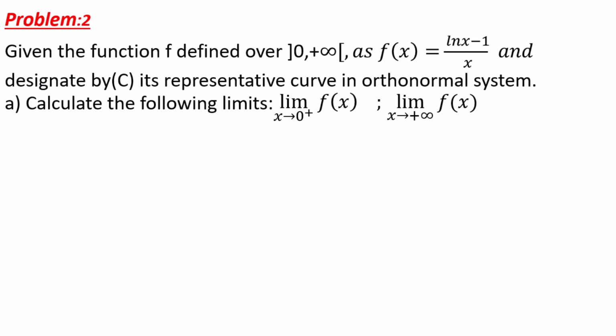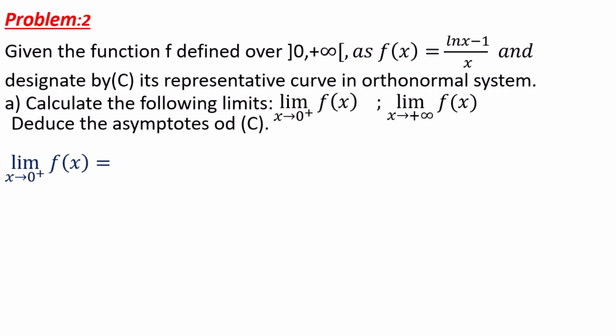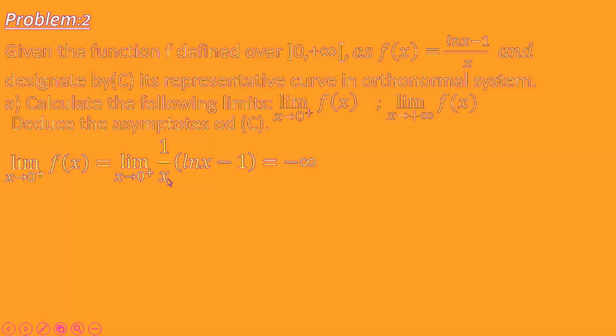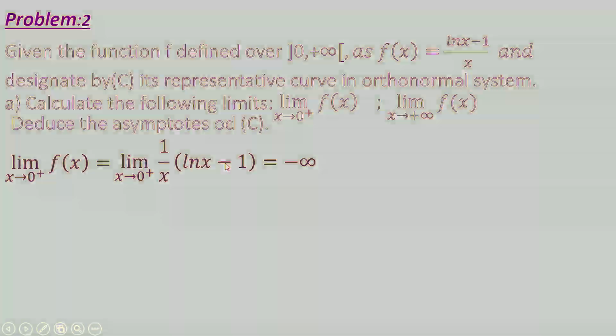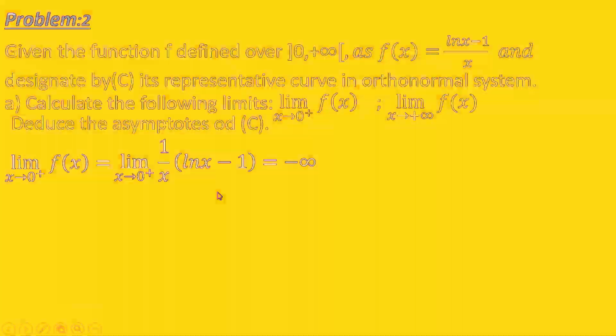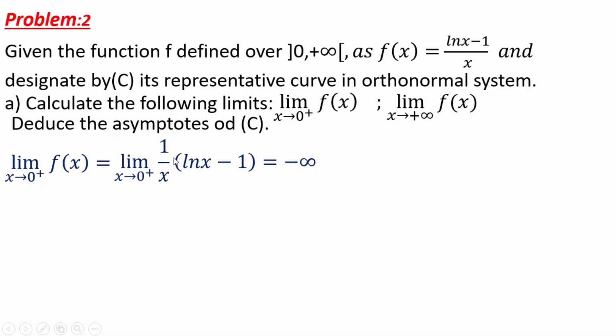Or we write the limit as 1 over x times (ln x minus 1) as x goes to 0 plus. 1 over x is plus infinity, and ln x minus 1 is minus infinity. Plus infinity times minus infinity equals minus infinity.